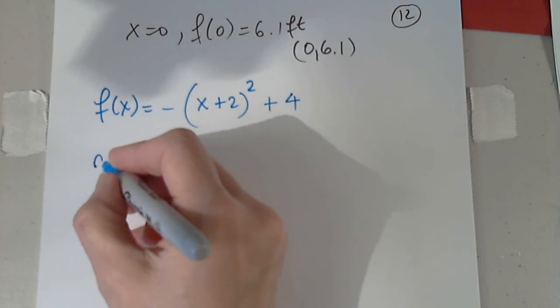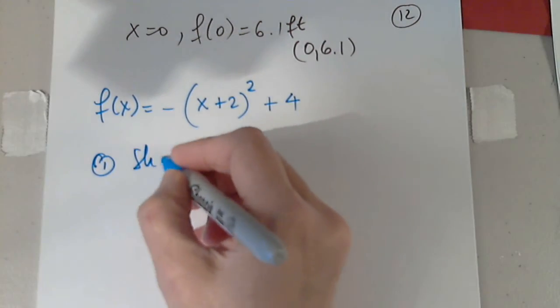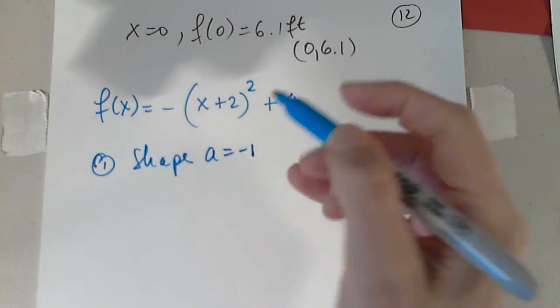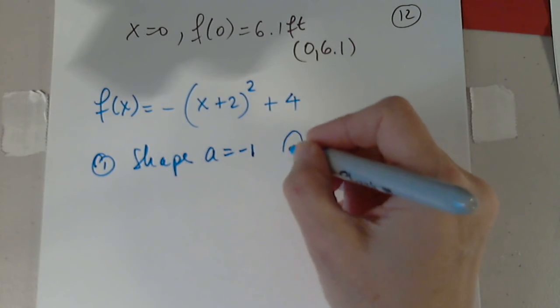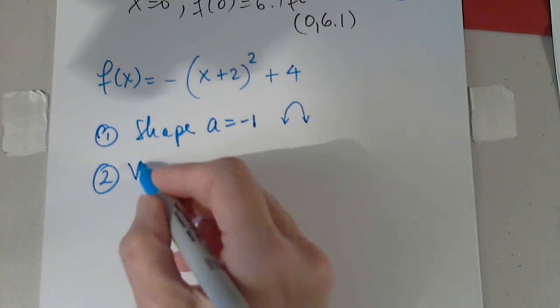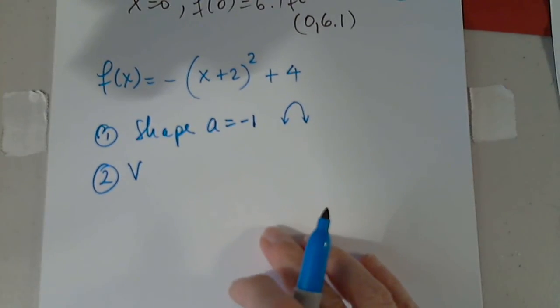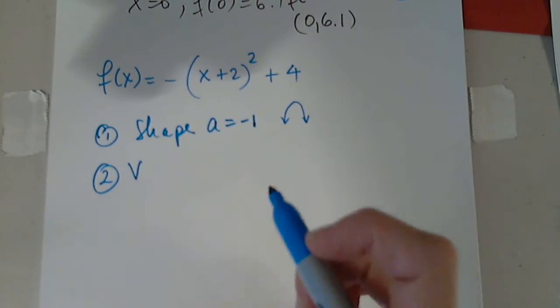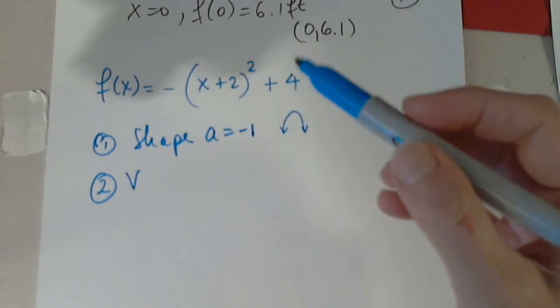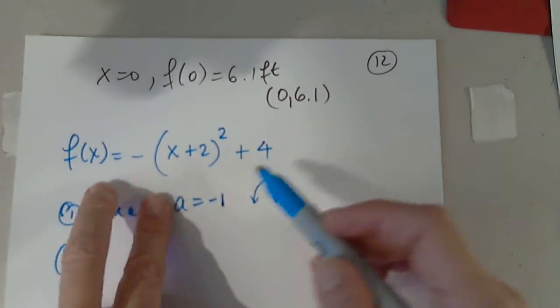Step number 1 is the shape, which I know: the leading coefficient is negative 1, so it has to have a maximum. In number 2, the vertex is the easiest thing now. I don't have to do anything, I just have to read it.